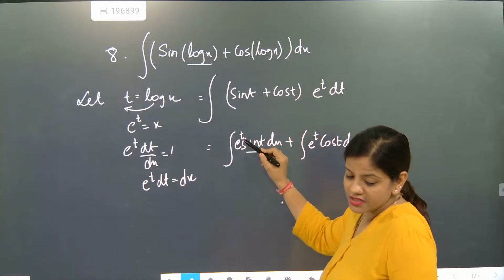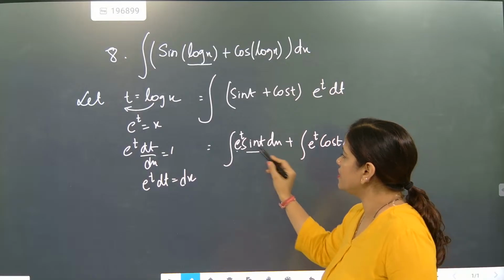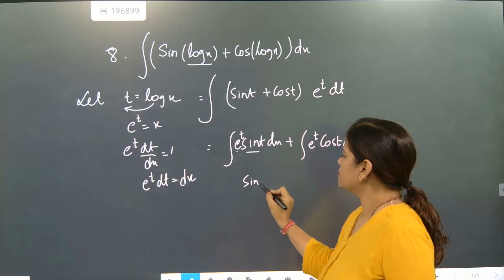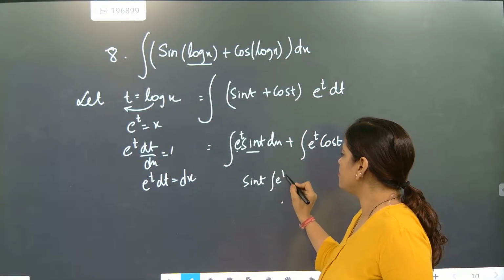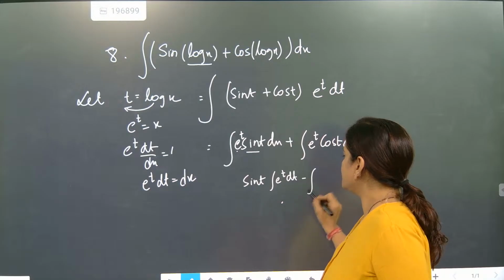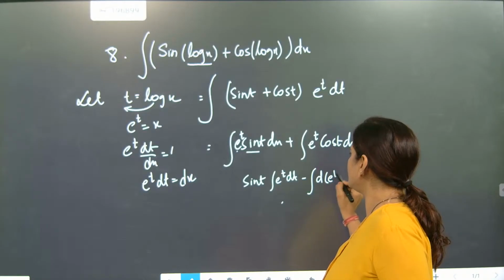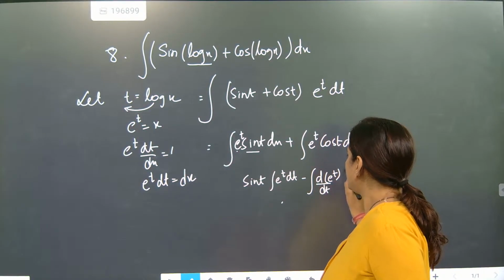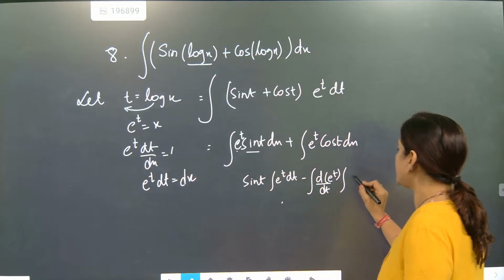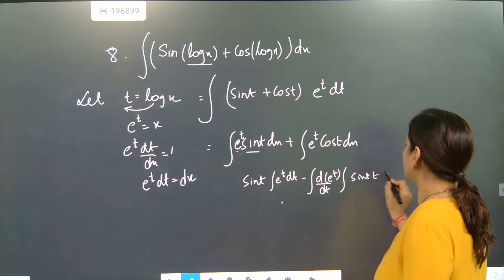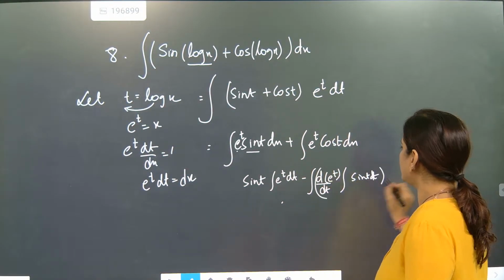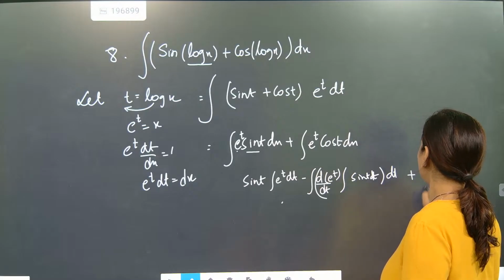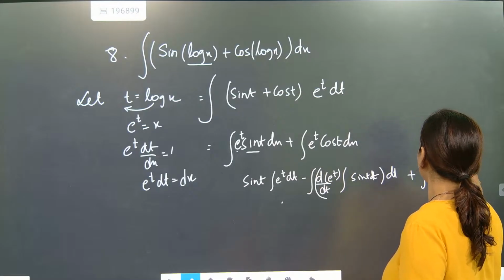ILATE, exponent is last, so this one will become u. So it is sin t e to the power t dt, minus the differentiation of sin t into the integration of e to the power t dt. And this part will give e to the power t cos t.